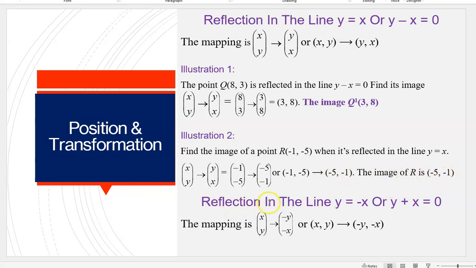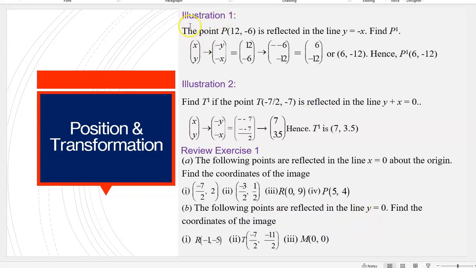And then we come to reflection in the line y equals negative x, or y plus x equals 0. This wasn't also part of it. They just added it. The mapping is xy maps to negative y, negative x. Let's look at some examples here. Illustration 1. The point P, positive 12, negative 6 is reflected in the line y equals negative x. Find P1.